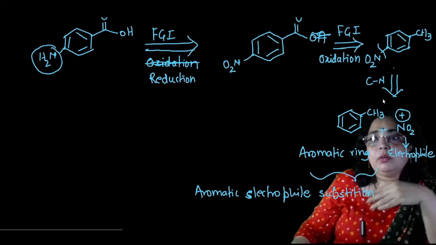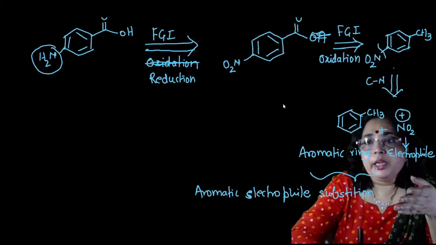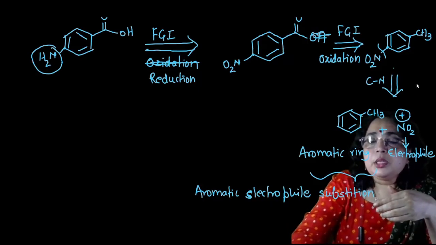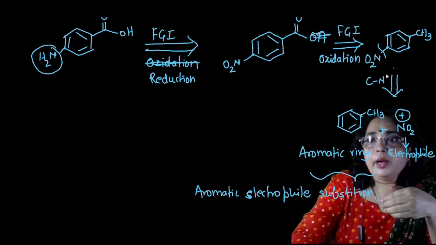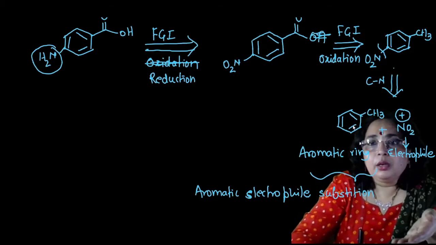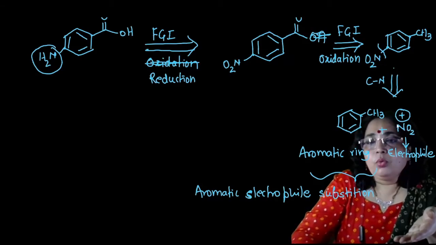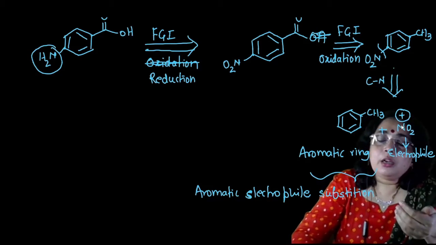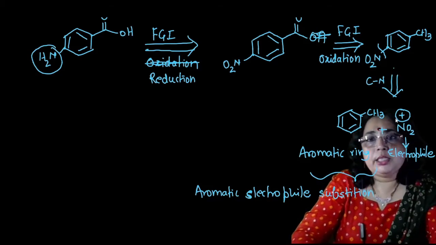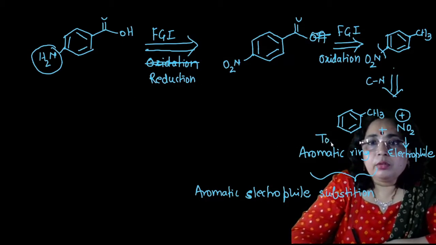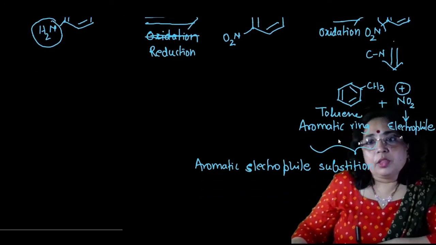So when we go in the backward direction, this is a reverse arrow. When we put a cut over here, you will get a simple toluene and the nitro, that is, the nitronium ion. Which reagents we have to use, we can see in the synthesis part. So this is your starting material, toluene.